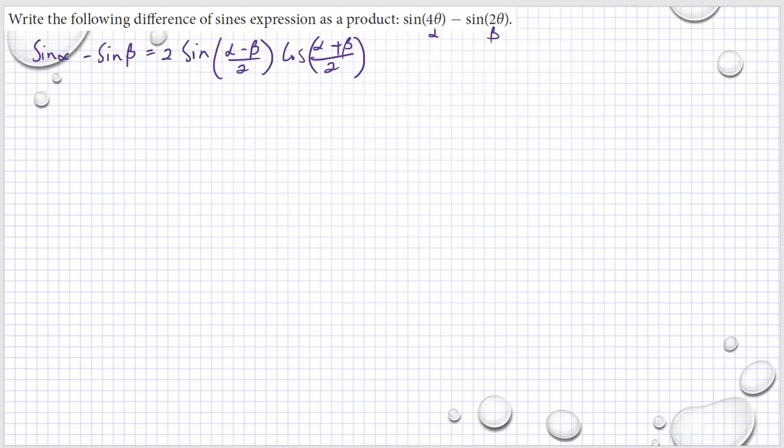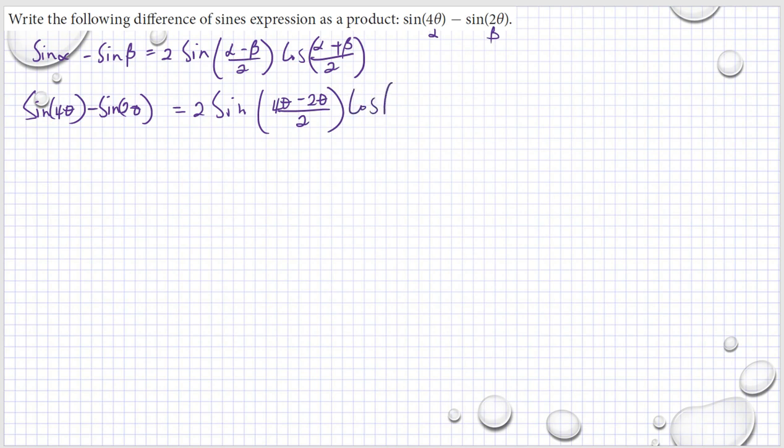Okay, that's it. So we have now sine 4 theta minus sine 2 theta is equal to 2 times sine 4 theta minus 2 theta over 2 cosine 4 theta plus 2 theta over 2.